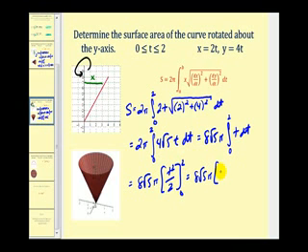So when t is 2, we'll have 2, and when t is 0, we'll have 0. So now the surface area will be 16 square root 5 pi. So if we take this curve, rotate it about the y-axis to create this surface, the surface area will be 16 square root 5 pi square units.